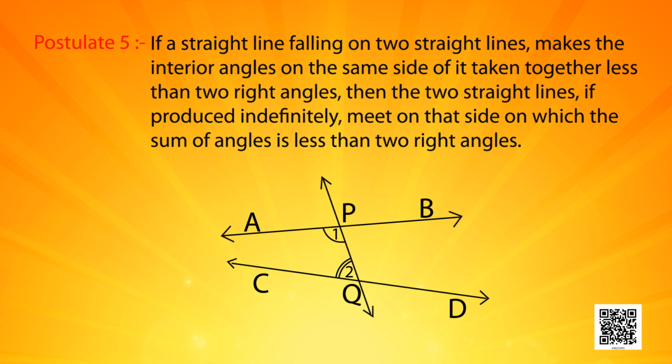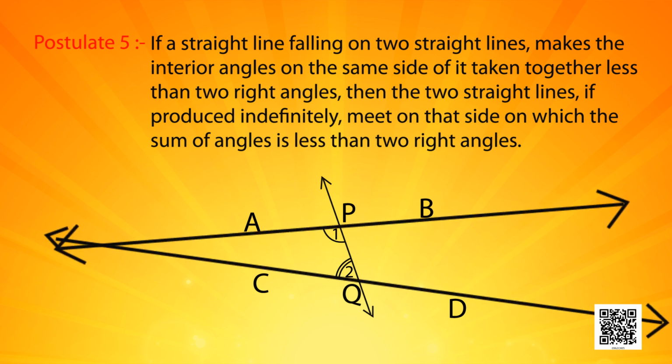As you can see, angle 1 and 2 are blinking here. Their sum is less than 180 degrees on the left side of PQ. So, if we produce lines AB and CD indefinitely in both directions, we will see both these lines will meet on the left side of PQ.